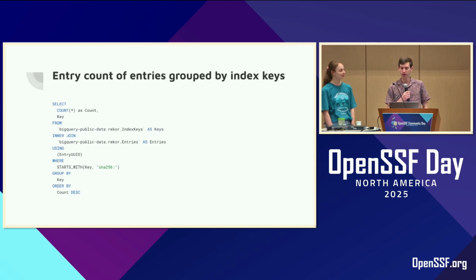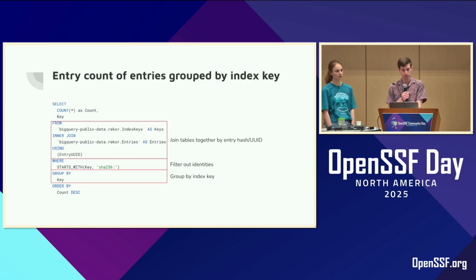Now, let's look at other queries that leverage the index keys to try to find instances of either keys or artifacts used across multiple entries. It's worth noting that with this query, you will need to do further investigation to figure out what the digest is that's referred to in the result. In a future iteration on this data set, we'll be looking at adding additional columns to other tables to help distinguish between the various index key categories.